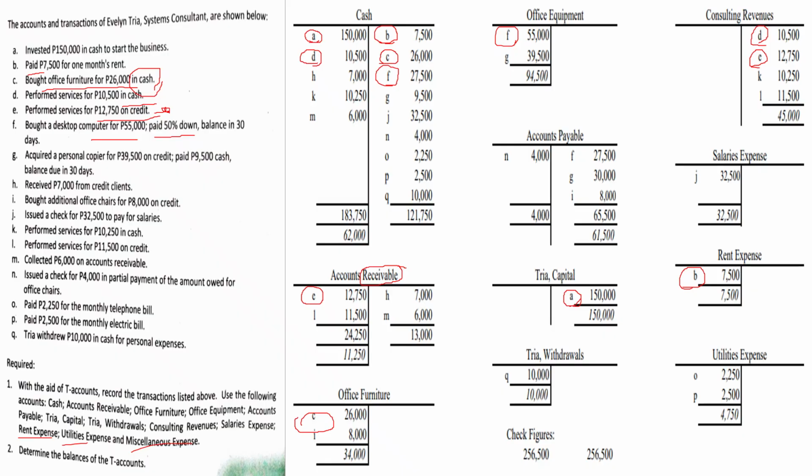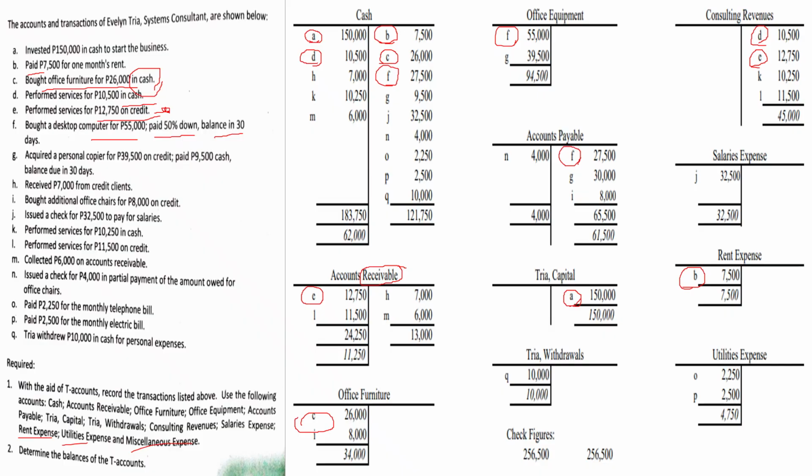Another thing, it was stated that the balance is in 30 days, meaning the remaining 27,500 is still a liability. So it is still payable. Therefore, our liability will increase. Take note that when liability is increased, it is on the credit side. So we credit accounts payable.